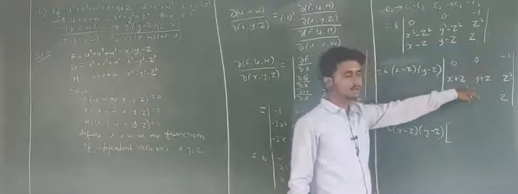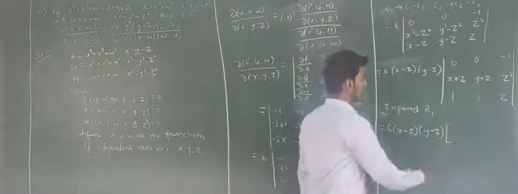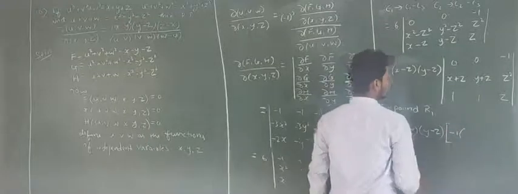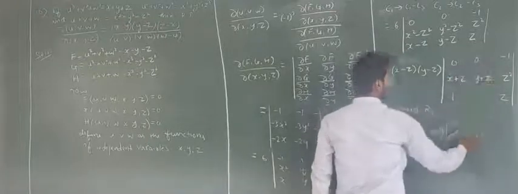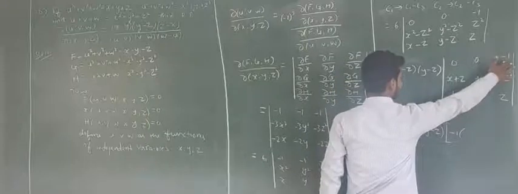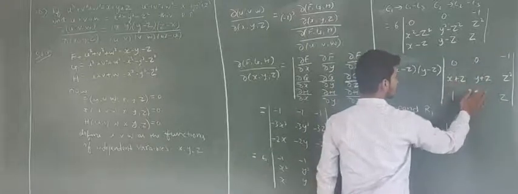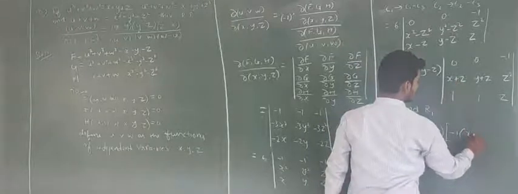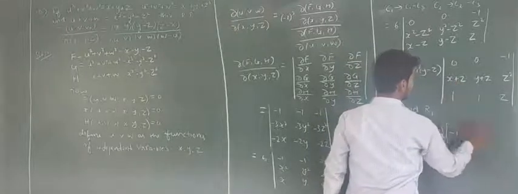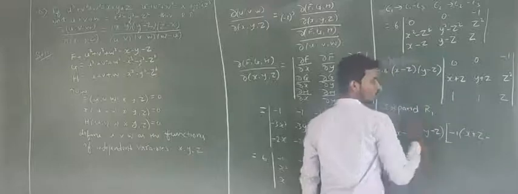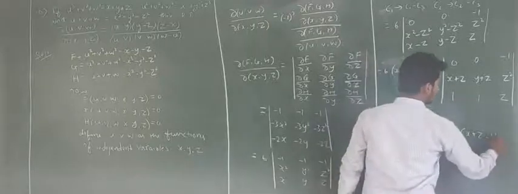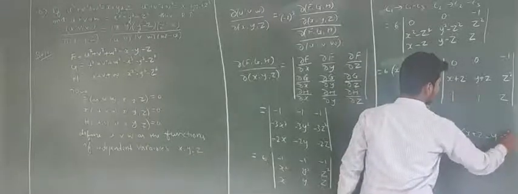The last term will be minus 1 into, we have to leave this row and this column, so we multiply this and this, that is 1 into x plus z is x plus z, minus 1 into y plus z, that is minus y minus z.